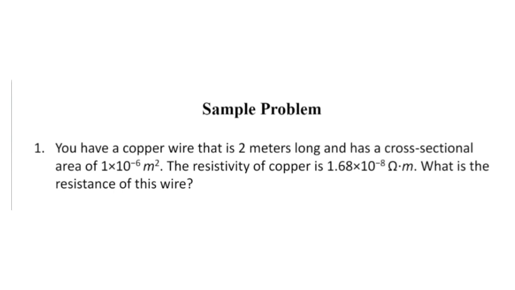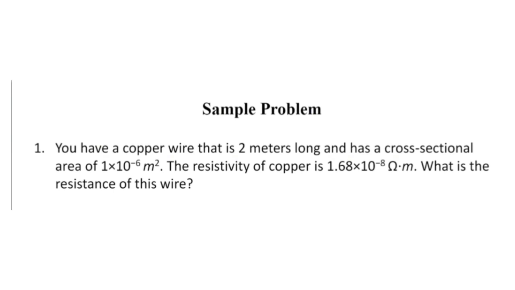Applying this concept to our sample problem, so you have a copper wire that is 2 meters long and has a cross-sectional area of 1 times 10 raised to negative 6 meters squared. The resistivity of copper is 1.68 times 10 raised to negative 8 ohm-meters.